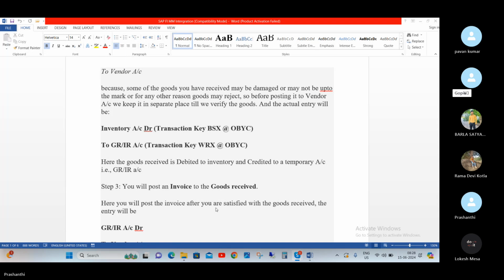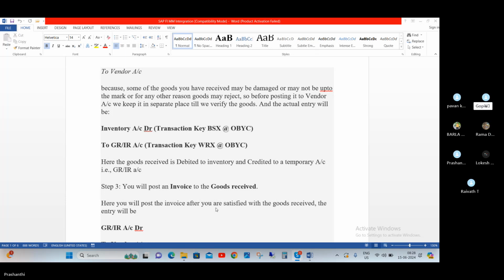So before posting to the vendor account, we keep it in a separate place till we verify the goods. The actual entry will be inventory account debit to GR account.